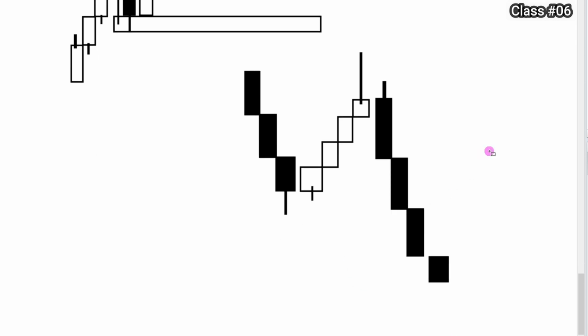So how can we draw the break and retest zone in a downtrend? We'll start drawing the zone from the closing body of this candle to the downside at the tip of this wick.